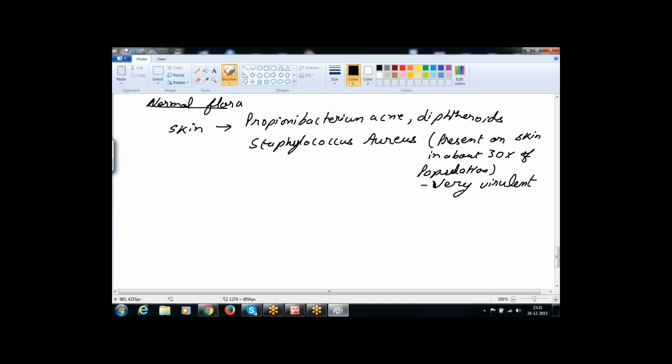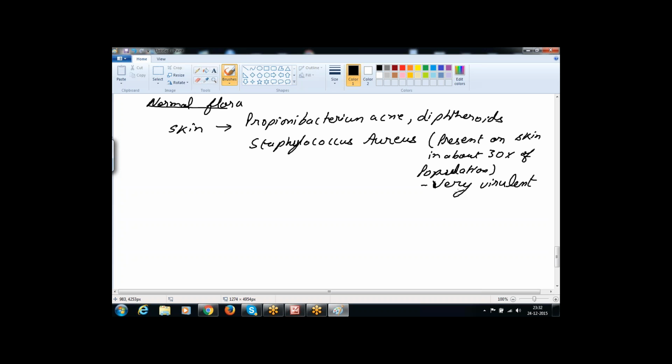For example, a small shaving cut or a hair follicle. If a hair is plucked, the follicle will be left open and naked for some time. So in such situations, the Staph aureus, if it is there on skin, might get a chance to enter that wound or the hair follicle. And once it gets entry to the body, then it will cause diseases and problems.